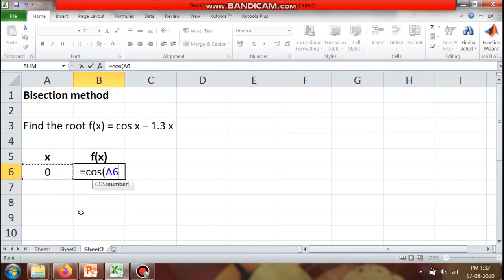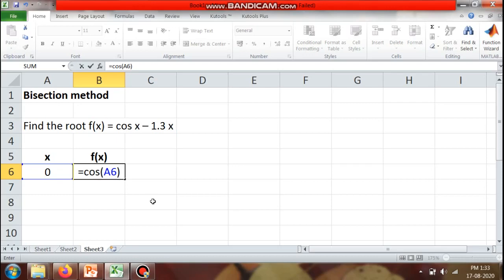Now you have to select the value of x from the particular cell where it is located. You can't write it as 0 here, because for the next steps we have to drag this particular formula. We need not again and again put the same values of x to find f of x. So I'll select the value of 0 from the cell A6 because it is located here.